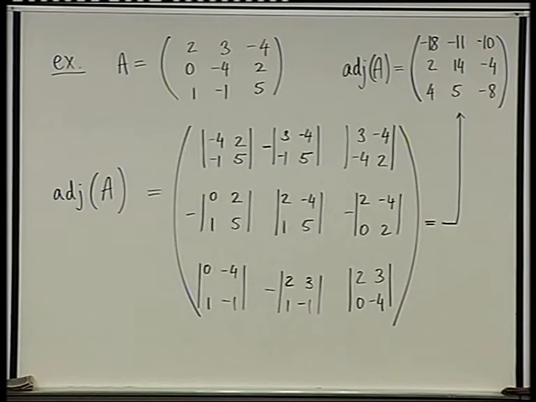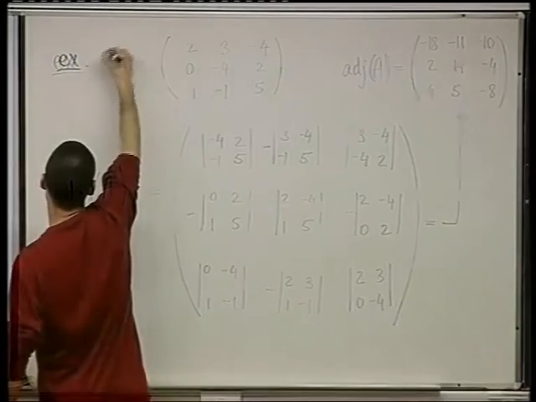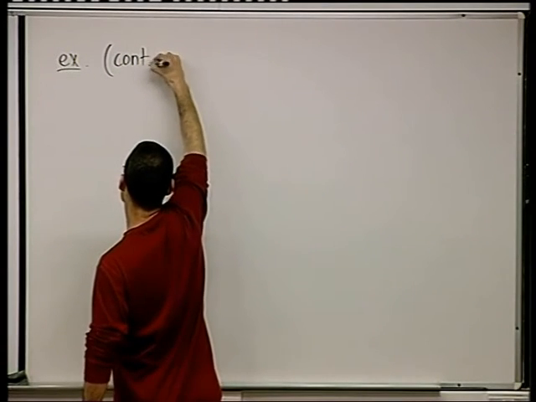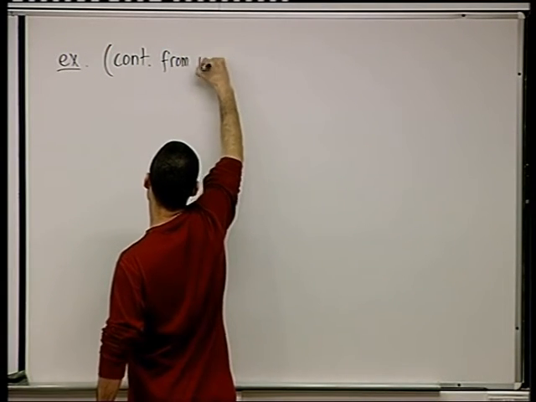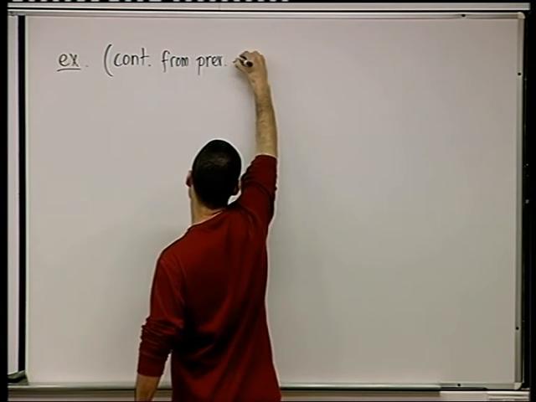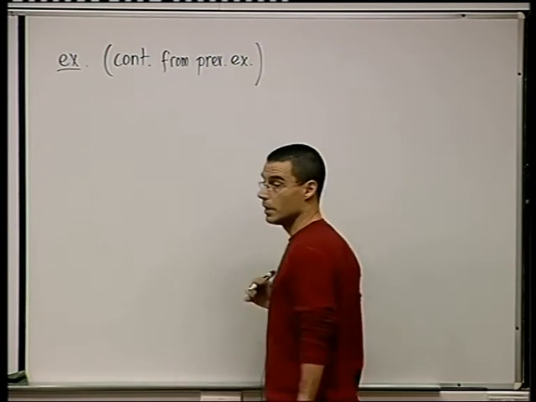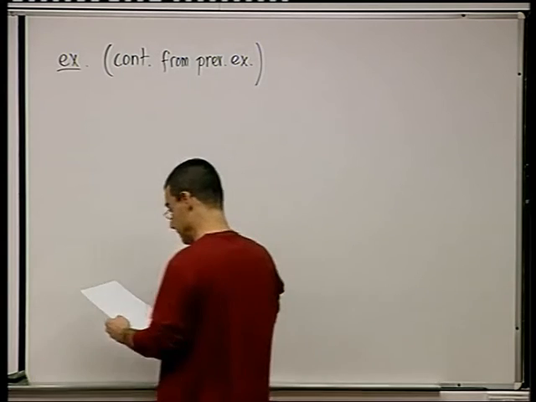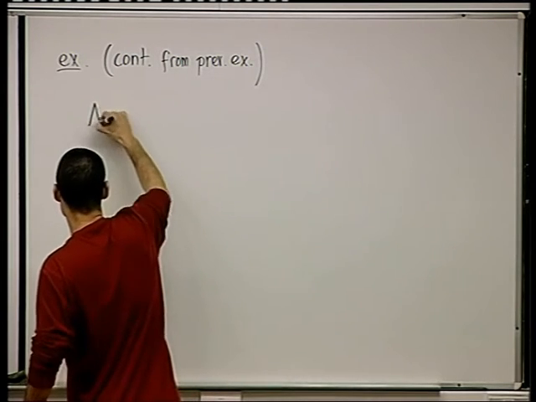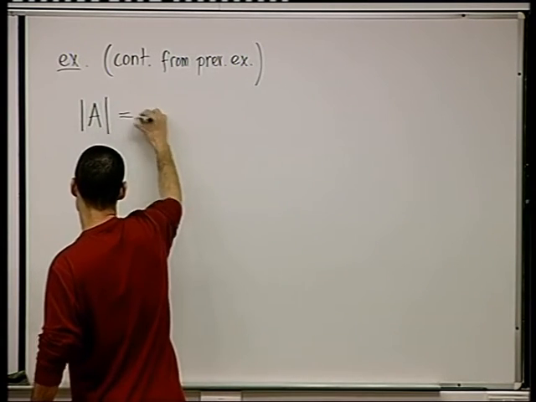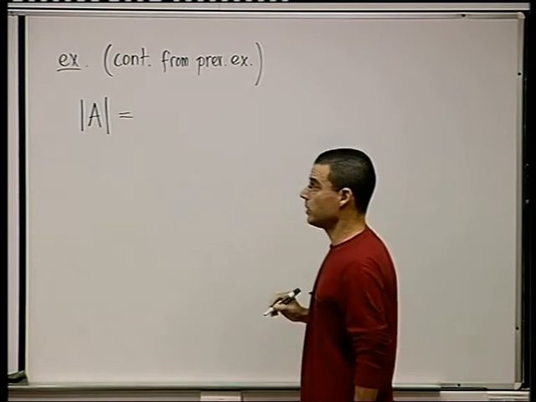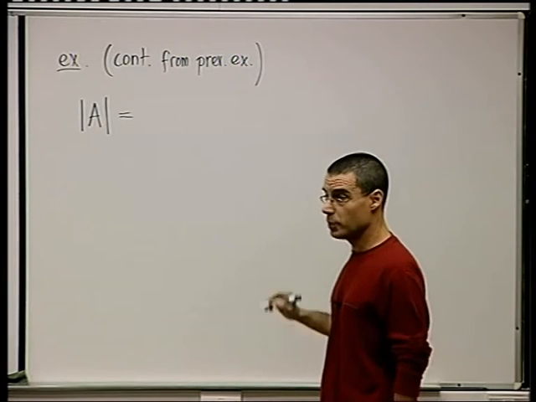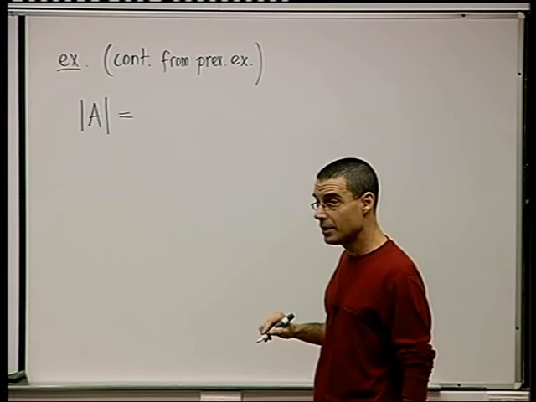So, example, continued from previous example. What's missing in order to use that corollary that we just wrote is we need to find the determinant of A. That we didn't do yet.